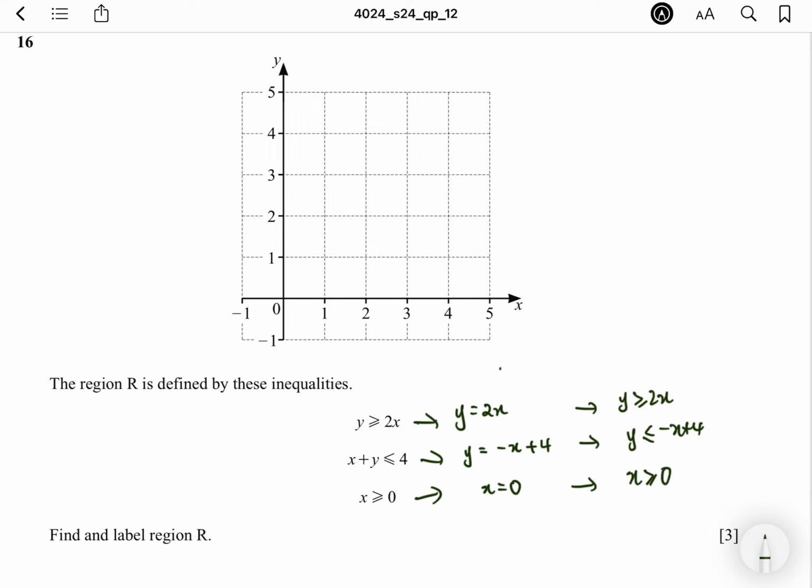Okay, so first step is this one. Second step is draw. And third step is identify the region. And then your final answer where R is.